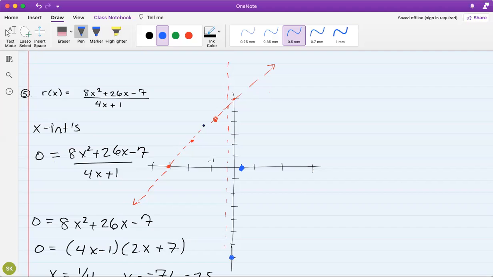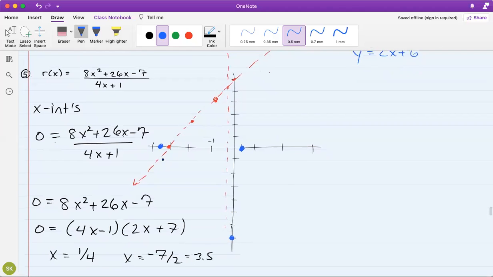Notice that this line crosses at -3. Remember, this line was y is equal to 2x plus 6. And to find its intercept here, you just set y equal to 0, and you'll get -3. And -3.5 is actually to the left of that. Okay, so now we have some points.